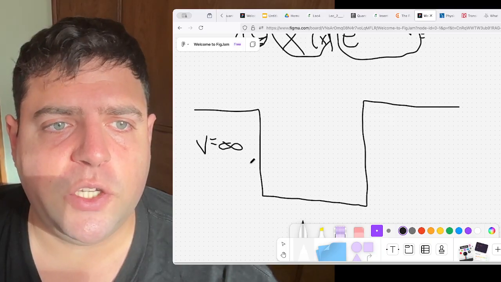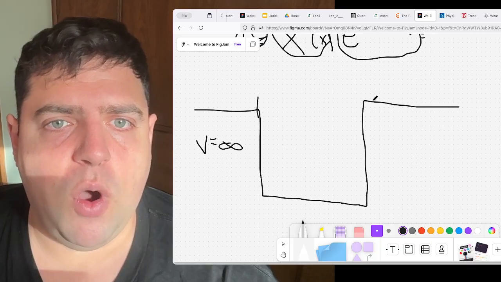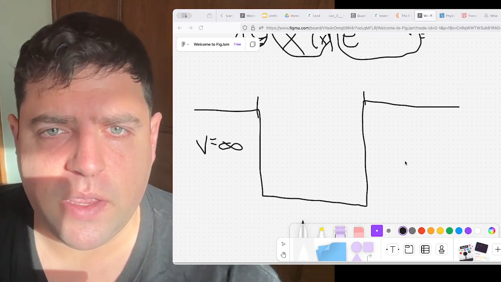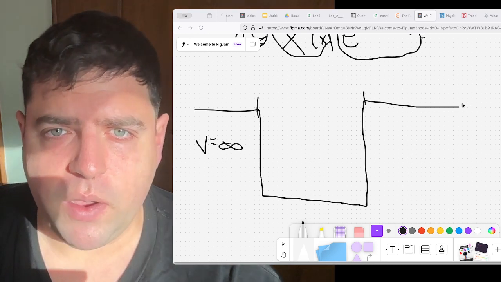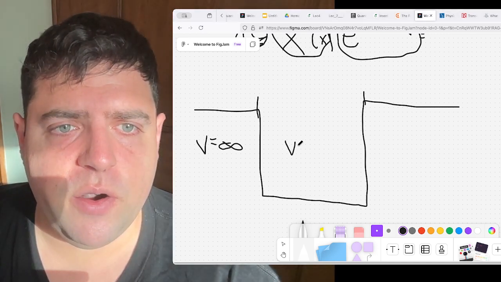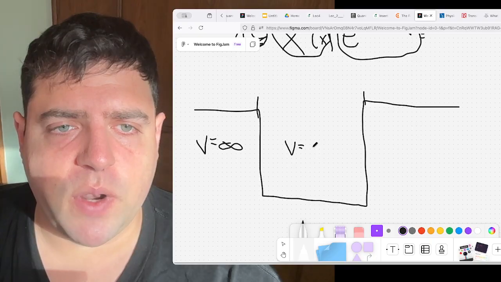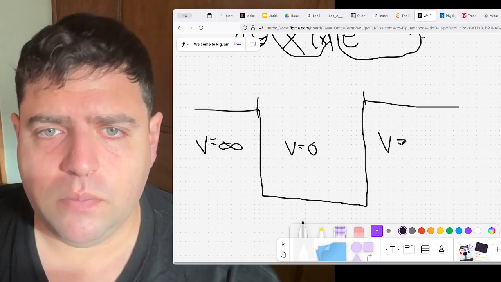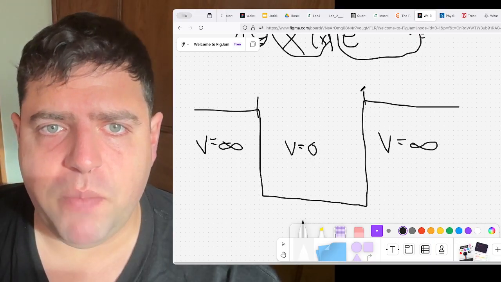But essentially, the idea is there's a hard wall here. The particle can't go beyond, because the potential is infinite. So the particle can't really go out here. And in here, there's a finite potential, but this is what I was saying before, you can add a constant, so we might as well just say it's 0. And again, there's a boundary here.